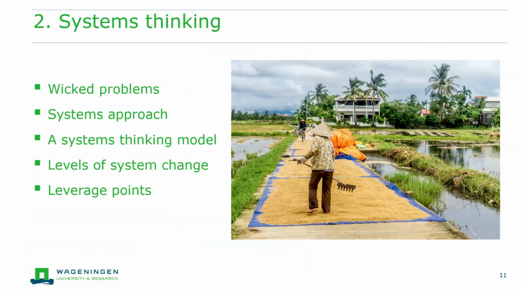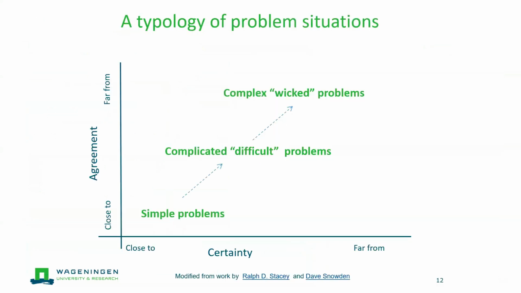And if we do food system analysis, one thing that we often take as a main ingredient is systems thinking. When we think about food and agriculture as a system, it's good to think about the type of problems that we're seeing. And these problems you can categorize in different categories.